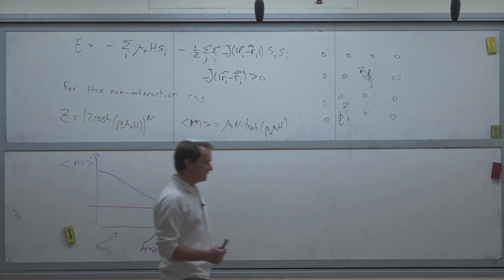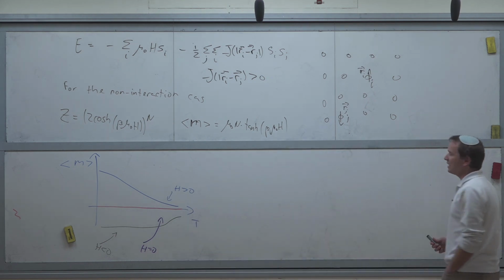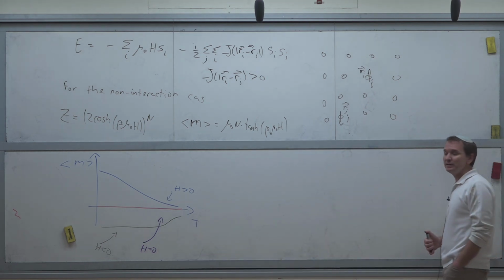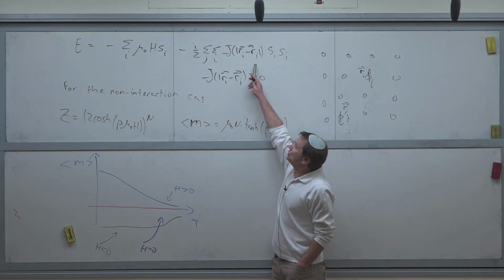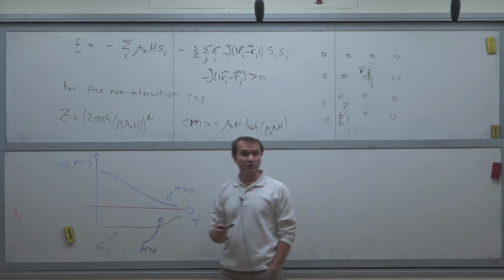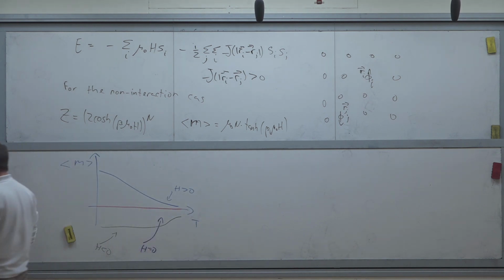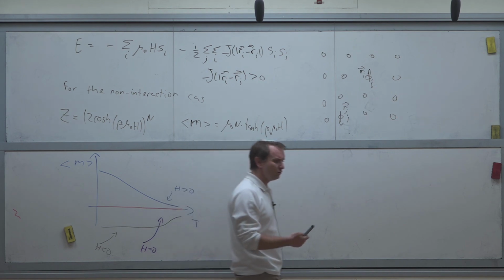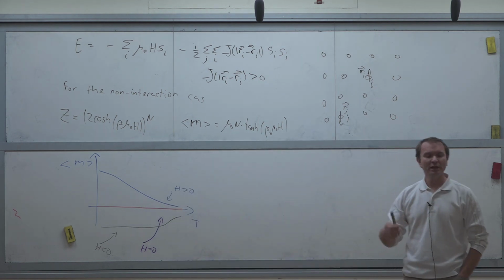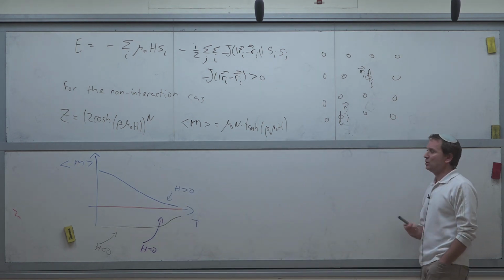So the only chance to observe something that will remind us of the experimental results is to include this interaction part. If you think about it, it's absolutely clear that without any interactions, the particles shouldn't produce any ferromagnetic behavior. Why?